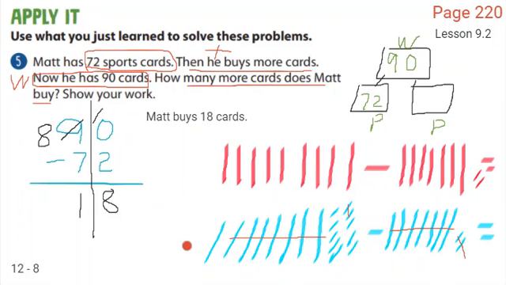So I have, let's see, 1 ten, and how many ones? 1, 2, 3, 4, 5, 6, 7, 8. 18. So Matt buys 18 cards. So I validated the standard algorithm by breaking it apart and regrouping 10 rods in 1 unit.